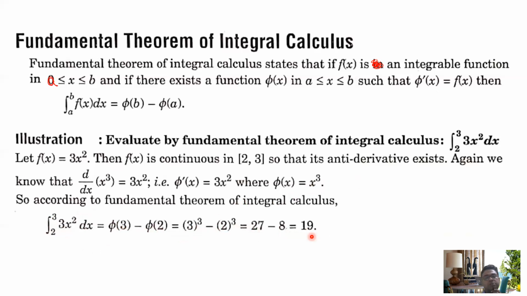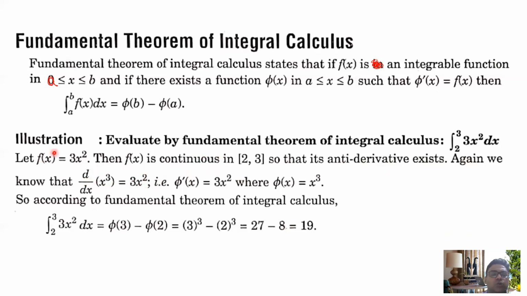This is just a very simple example based on the fundamental theorem of integral calculus. First you have to find whether your function is continuous or not. If it is continuous, then its antiderivative exists. Again, we know that d/dx of x³ is equal to this.